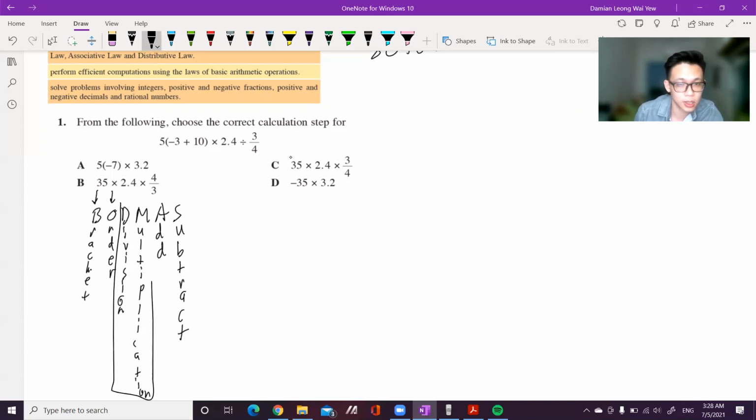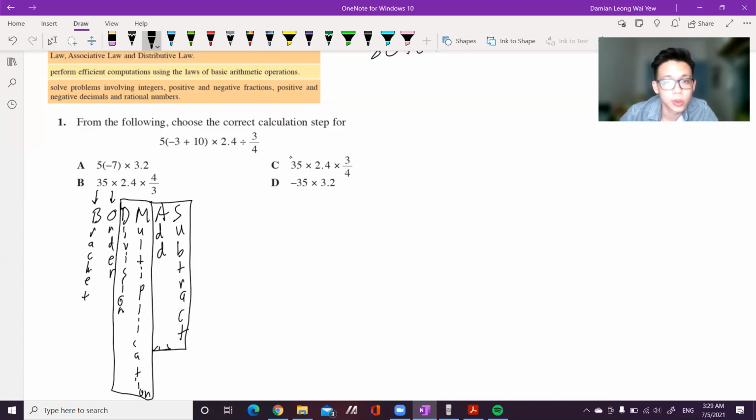Division and multiplication are in one group, and add and subtract are the other group. I can subtract first and add, or add first and subtract, depending on what comes first. Division and multiplication also, I can divide first or multiply first. But if I have division or multiplication together with add or subtract, I have to do the division and multiplication first before the add and subtract.